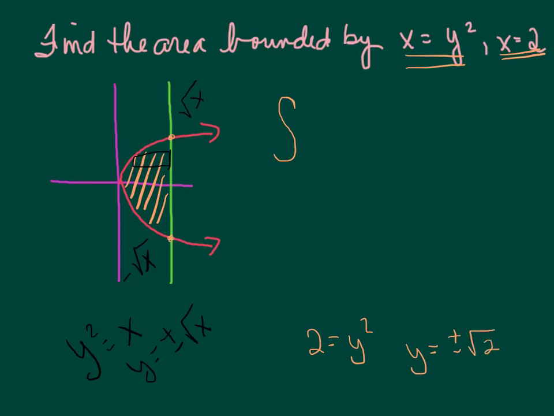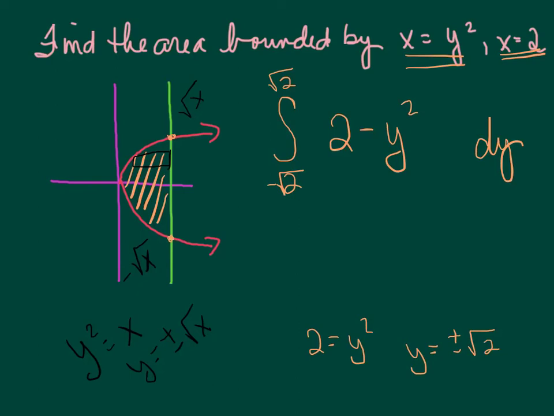That's my points of intersection. So I could do negative square root of 2 to positive square root of 2. I want to do it as a dy. And then if I do it as a dy, it's going to be right minus left. Right would be the line 2, minus left would be the parabola, y squared.